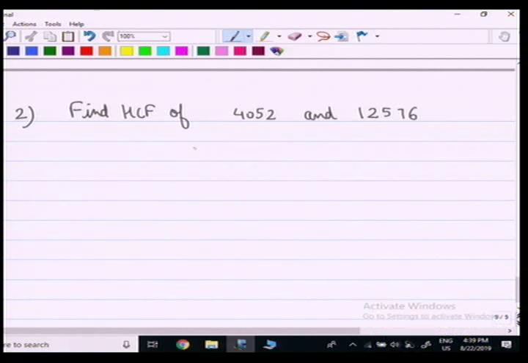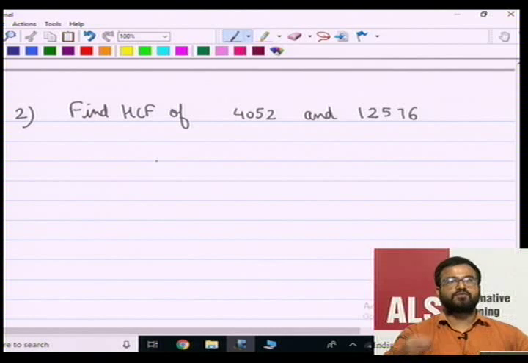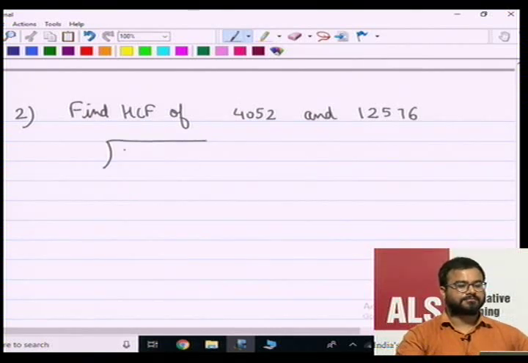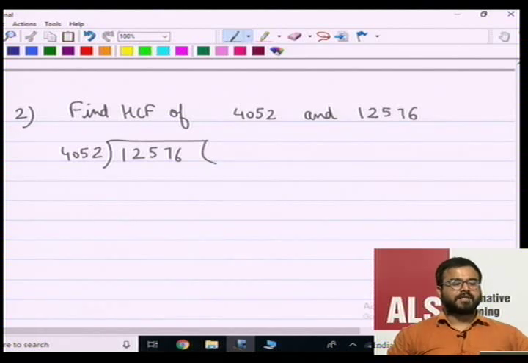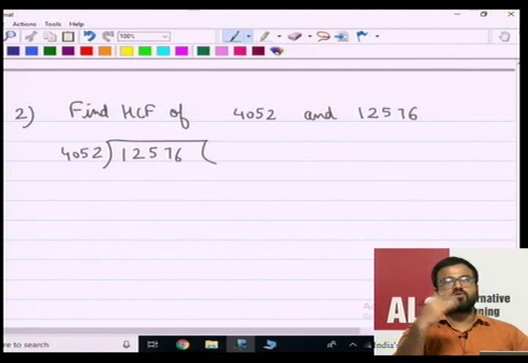Divide 12576 by 4052 in the starting, like this. Directly you can see this is 12,000 and this is 4,000. Approximately you cannot go 4 times.